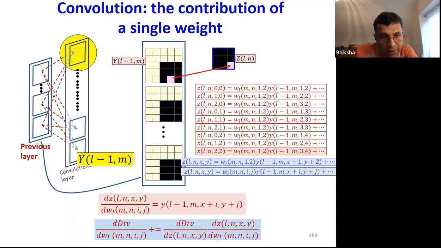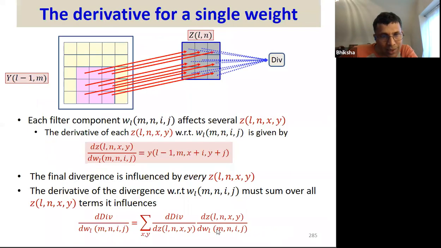And of course, this is the derivative for z with respect to w. The derivative of the divergence with respect to w is going to be the derivative of the divergence with respect to z times the derivative of z with respect to w, which is just this y term, right? But that's just for this one y term. If you want the derivative of the divergence with respect to w, you have to sum over this plane. This plane of the weight influences exactly one affine map.